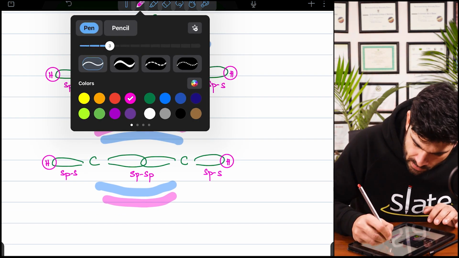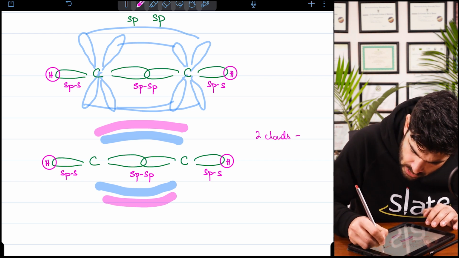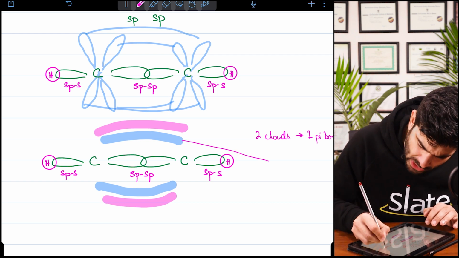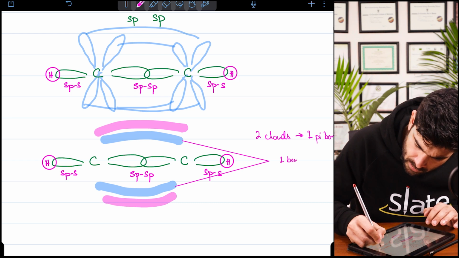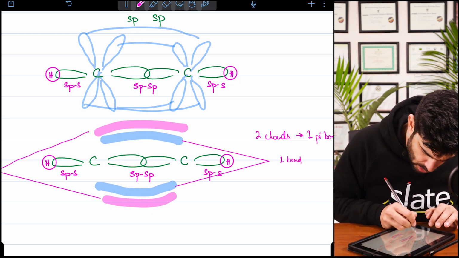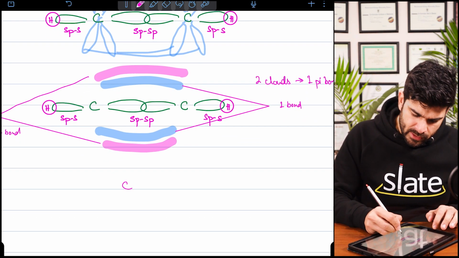Remember, two clouds is one pi bond. Like these two clouds make one bond, and these two clouds will make another bond. So how many bonds do we get?